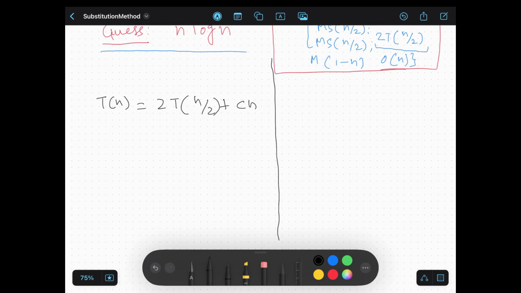So we are going to do a couple of substitutions by reducing the problem size into half. So the first step is we are going to calculate T(n/2), which will be, we are going to substitute n upon 2 for every n in our recurrence.